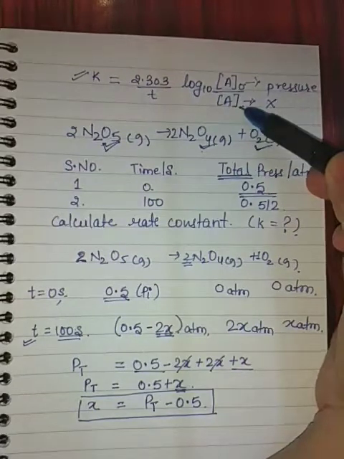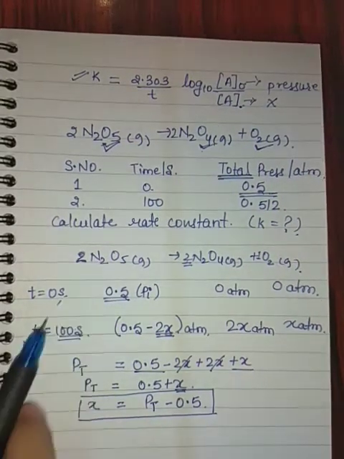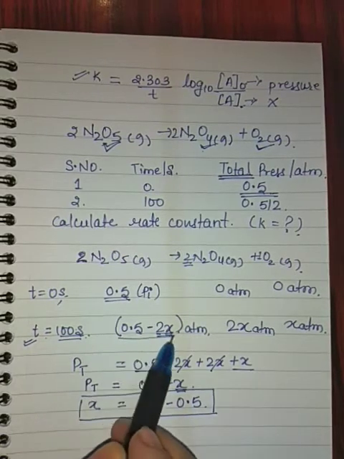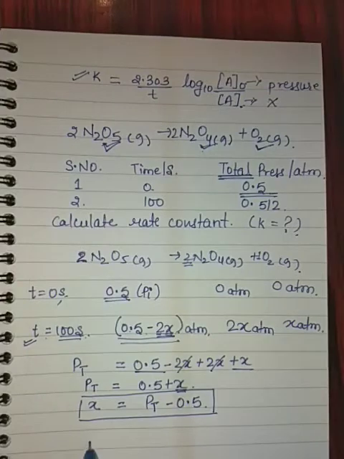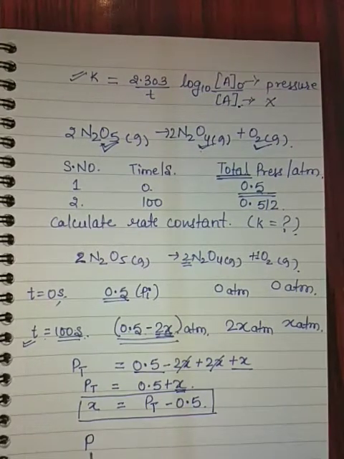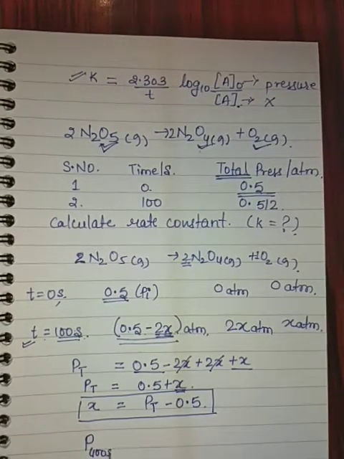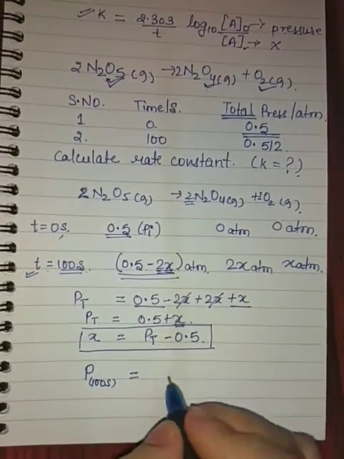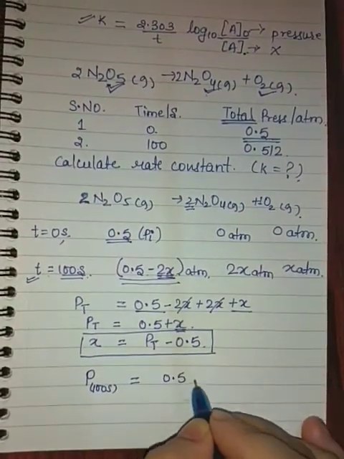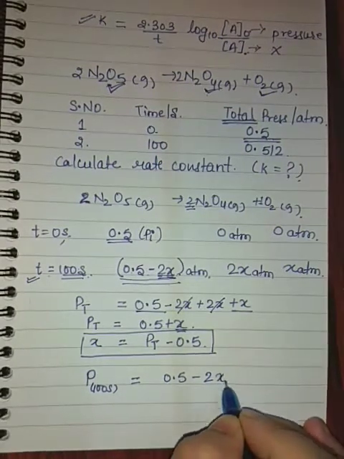So when time t is 100 seconds, what is the pressure of the reactant? 0.5 minus 2x. So pressure at 100 seconds is equal to 0.5 minus 2 into x.